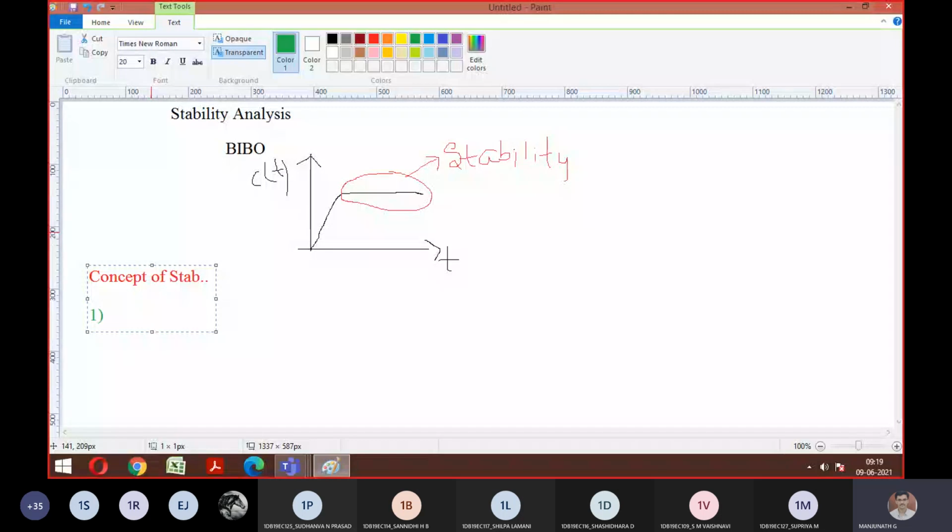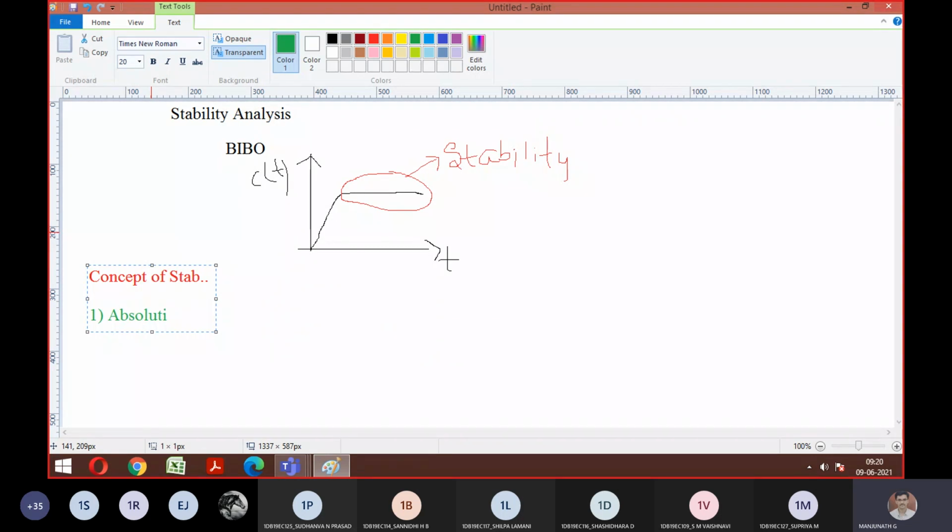Category number 1 deals with the word absolute stable. The topic which I am going to cover before RH criteria will carry 6 to 8 marks, so they may ask you to define the things you are writing now.